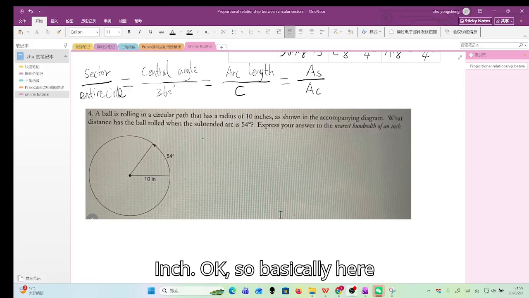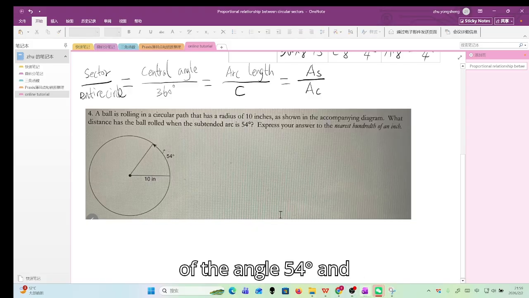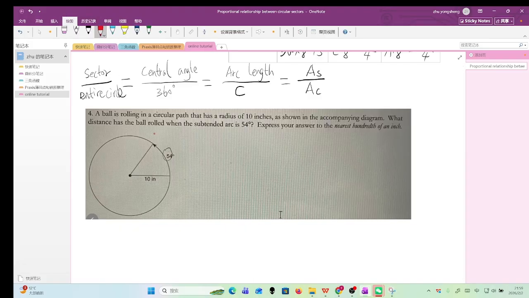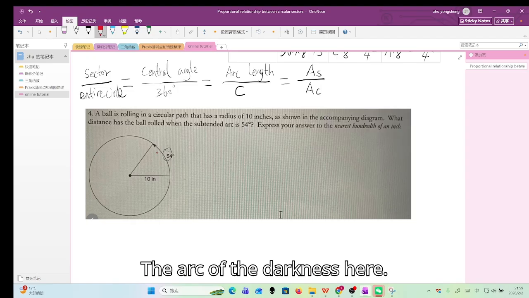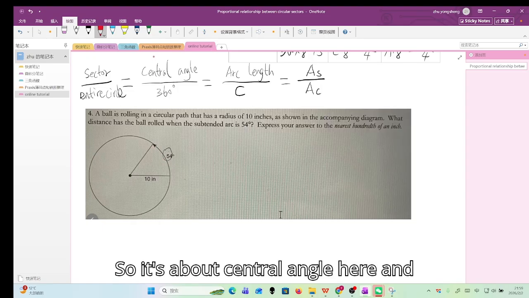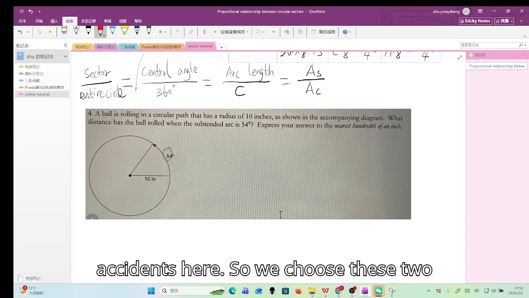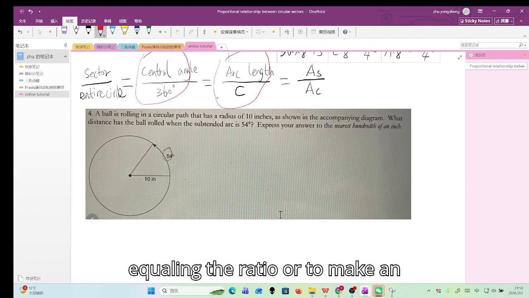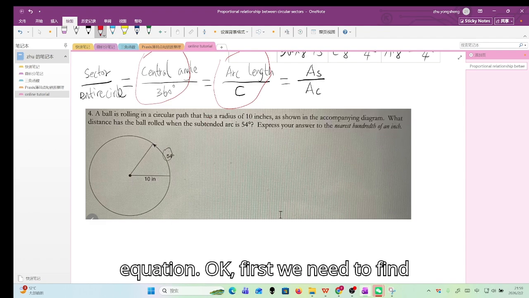Okay, so basically here, we know the central angle, 54 degrees, and we're trying to find the arc length here. So it's about central angle and arc length, so we choose these two equivalent ratios to make an equation.